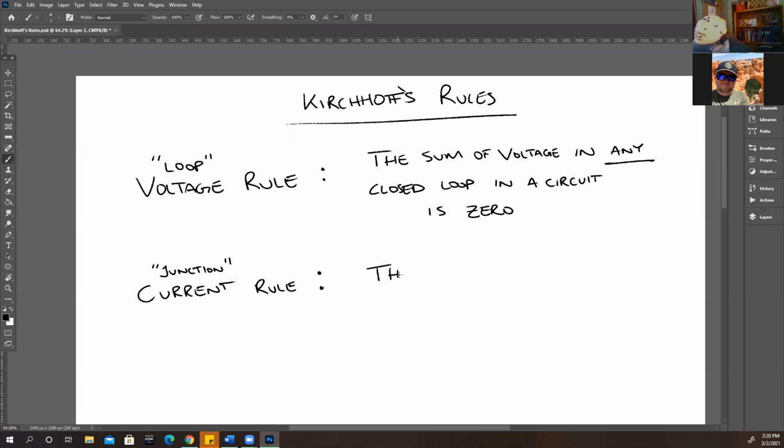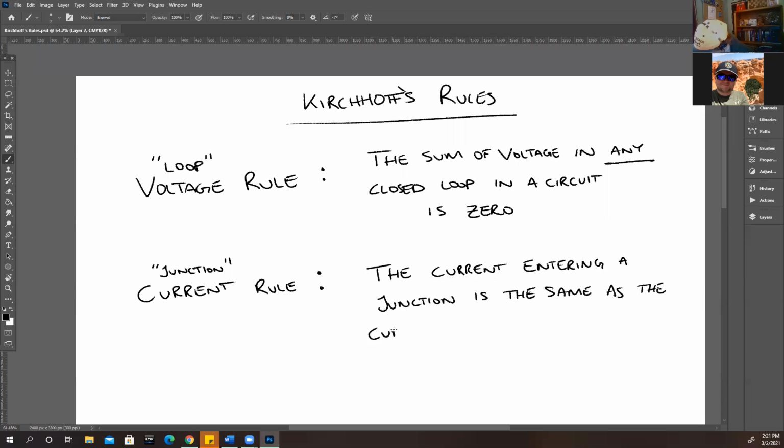So let's say the current entering a junction is the same as the current exiting the junction.